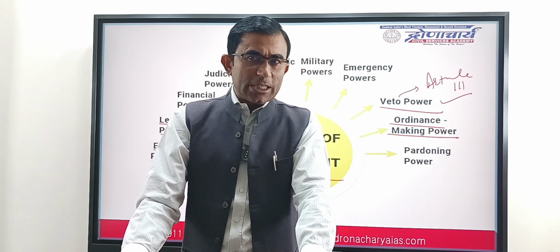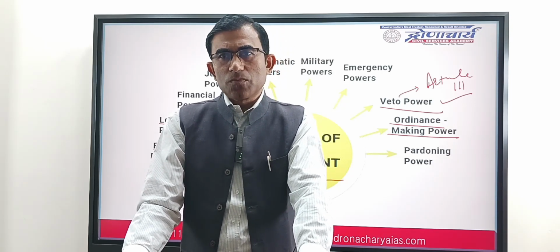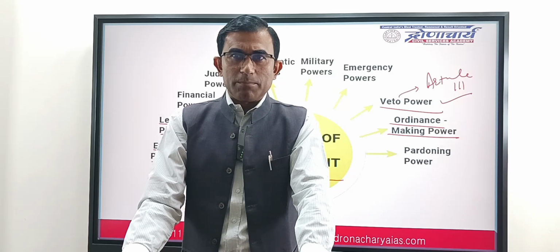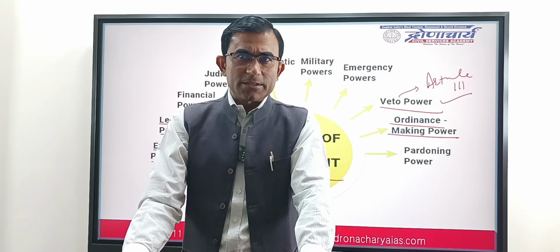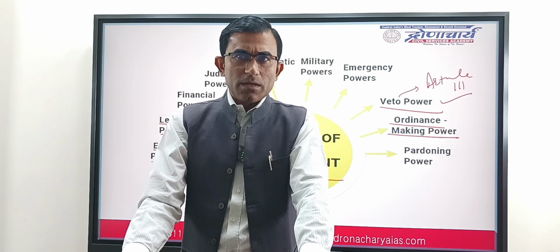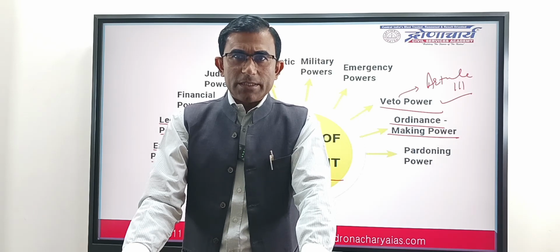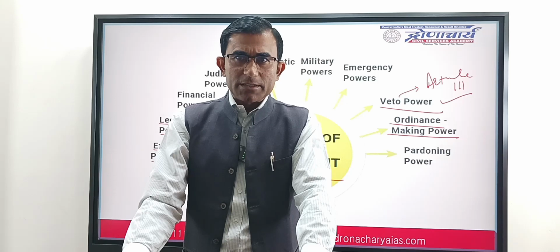And next is suspensive veto. The President of India uses a suspensive veto by returning the bill to the Parliament for its reconsideration. The President cannot use any of his veto powers when Parliament repasses the bill with or without any amendments.